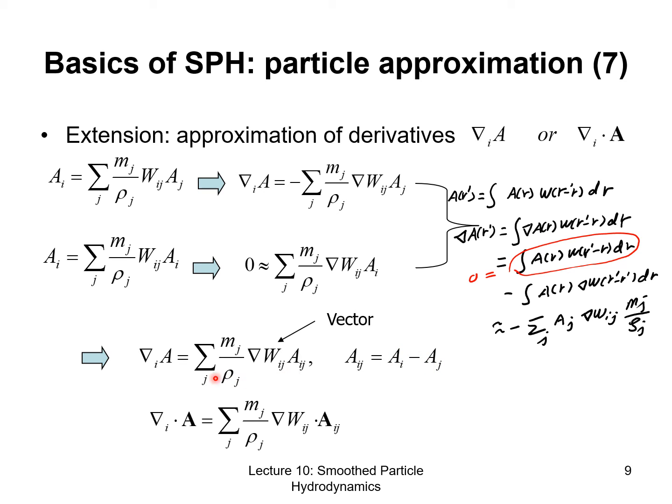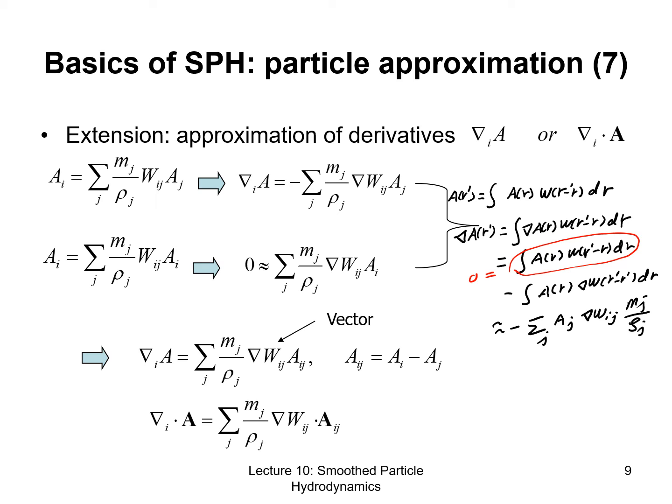So we can obtain the approximation of a gradient at one point by this approximation. Certainly for the divergence of a vector, if we simply change this gradient to a dot product, then we obtain the approximation of divergence.